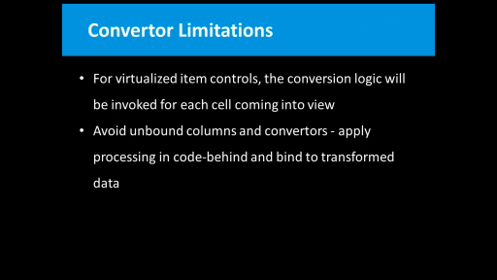Let's say you have 3 fields coming in from your database. You will be computing a 4th field. It's much better to compute this 4th field at the view model level than to add an unbound column and compute it with converters in the grid itself based on the values in the other 3 columns.